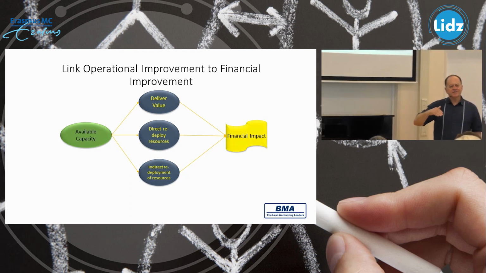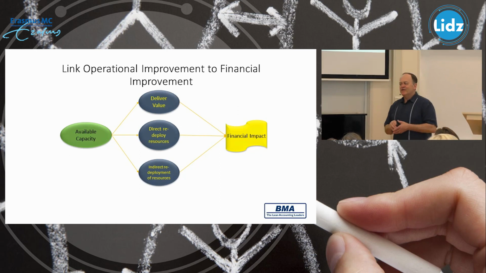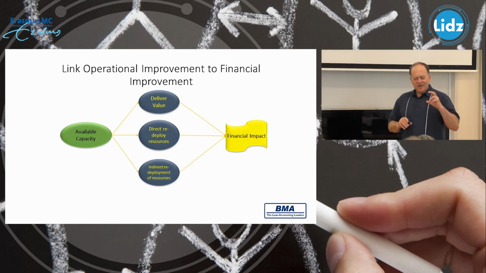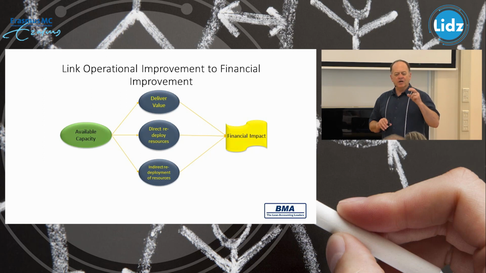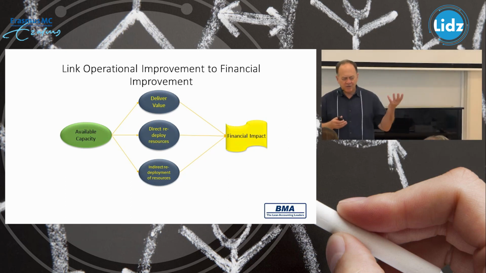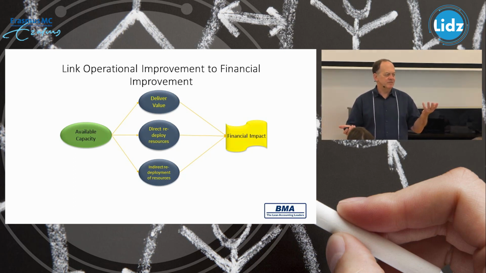Cost reduction. Well, no, it's a good lean indicator of, are we managing our costs? Because there's a big difference between cutting costs and reducing costs over time.